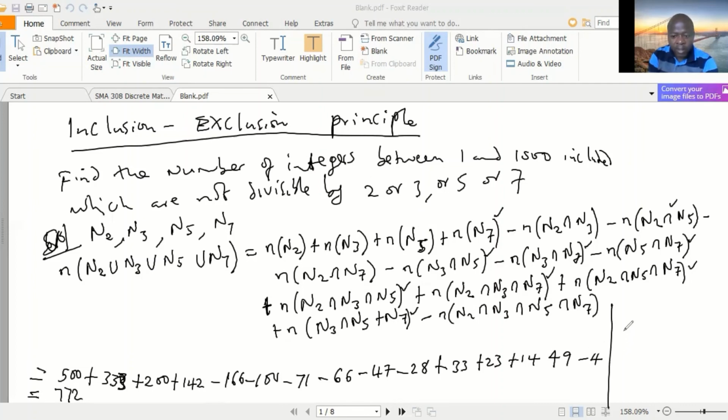Those which are not divisible by any of these is the required answer, and that is given by 1,000 minus 772, and this gives you 228 numbers. These are the numbers which cannot be divided by any of these. And that is how we use the inclusion-exclusion principle. You may want to look at more examples so that you are very well versed with this topic.